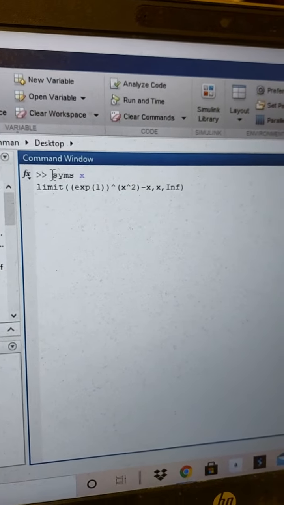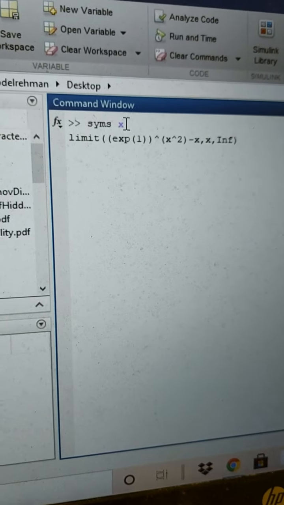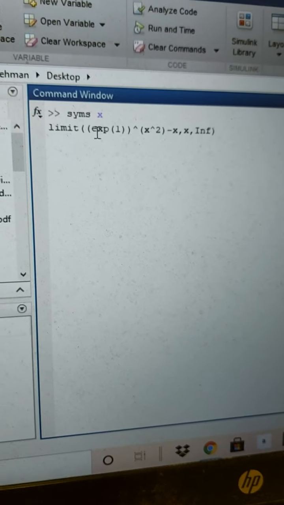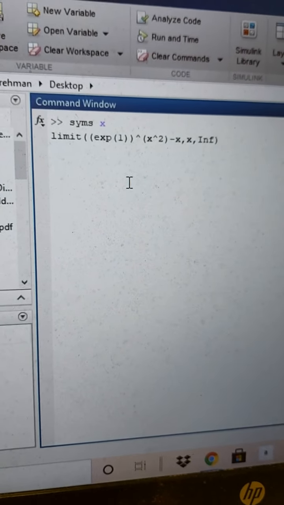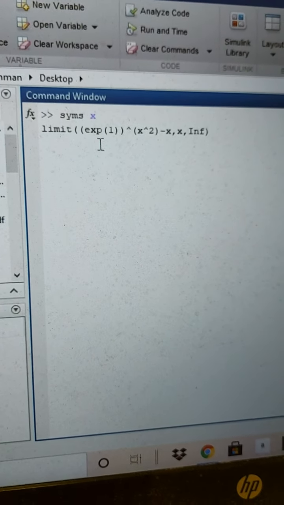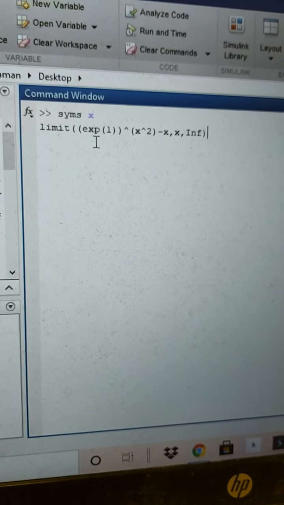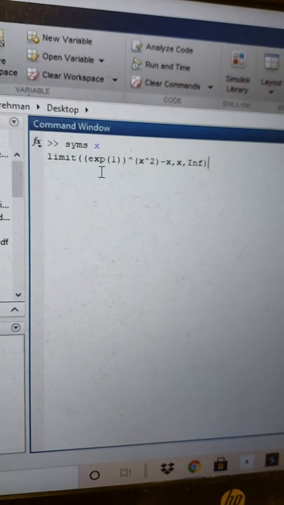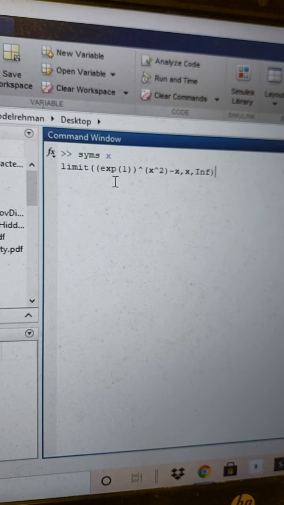First we enter syms x to declare the variable of the limit, x. Here exp(1) in MATLAB refers to the number e, the base of the natural logarithm, which is approximately 2.72.